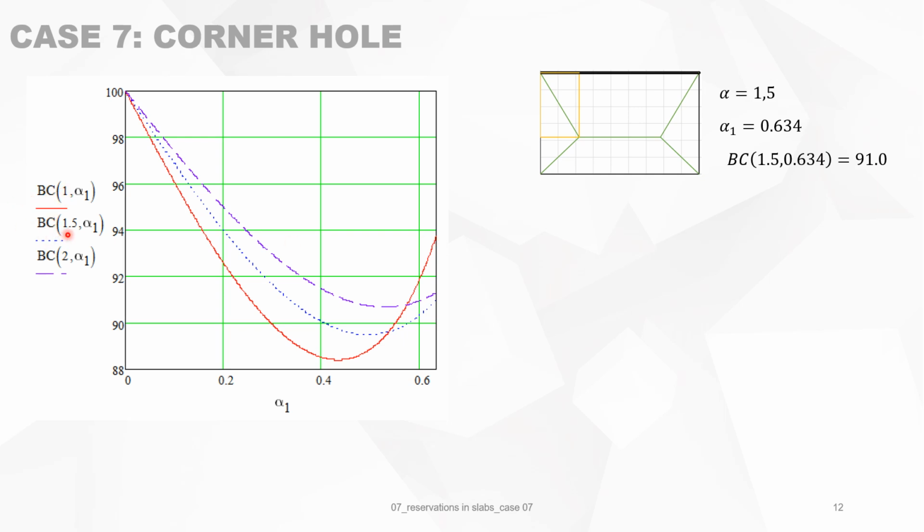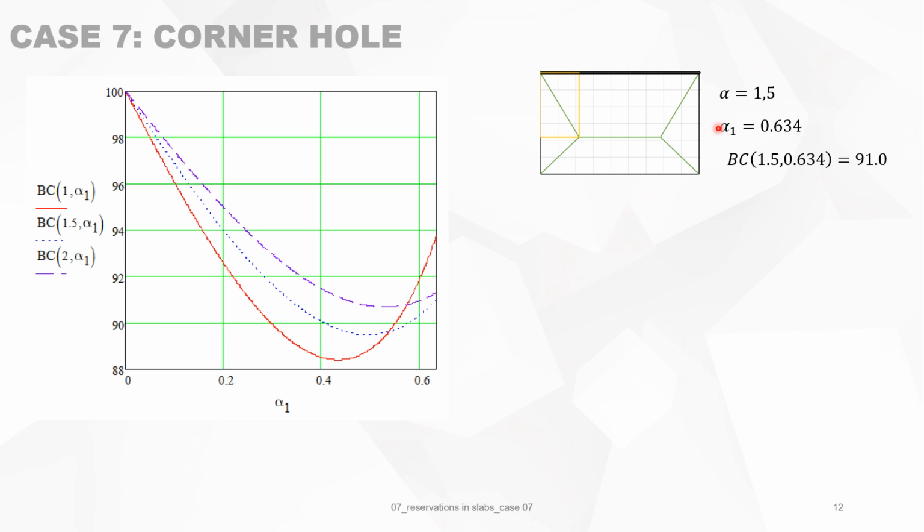A slab with alpha 1.5 and a slab with alpha equals to 2. The first thing we notice is that by making a K7 corner hole in a rectangular slab, it will always influence the bearing capacity of the slab. It will always be lowering the bearing capacity of the slab. So in the top corner, it's not a very good idea to make a reservation on that location.